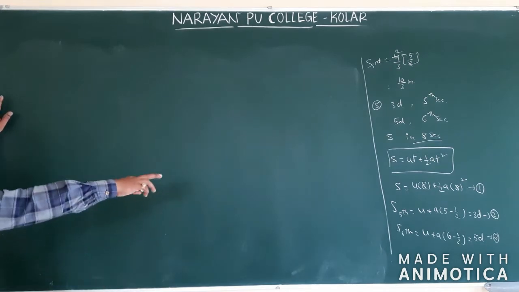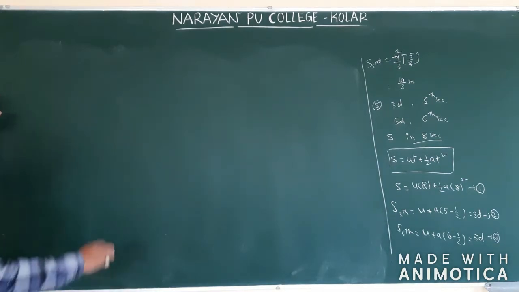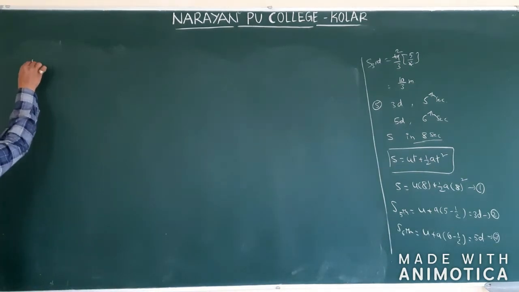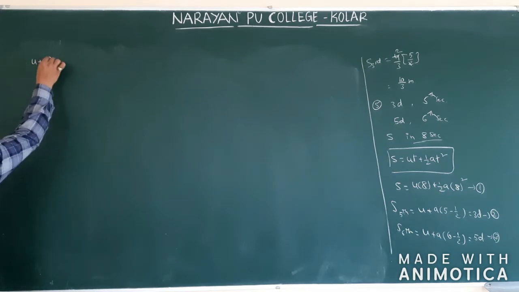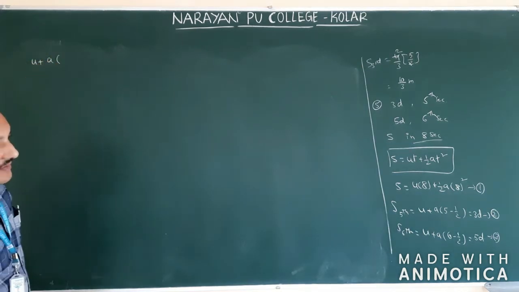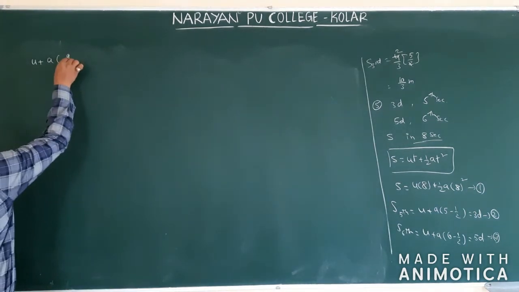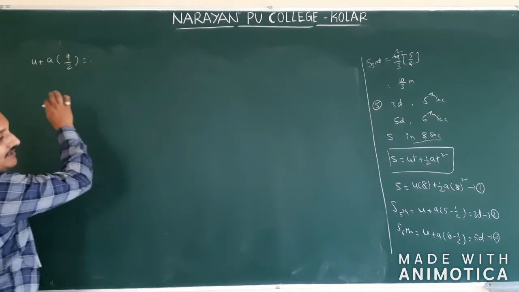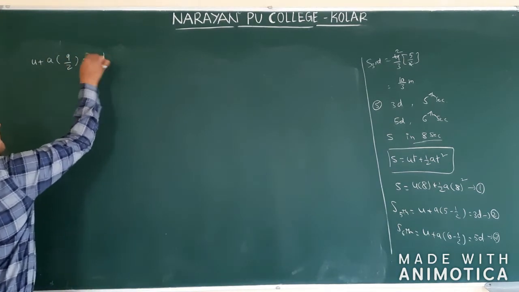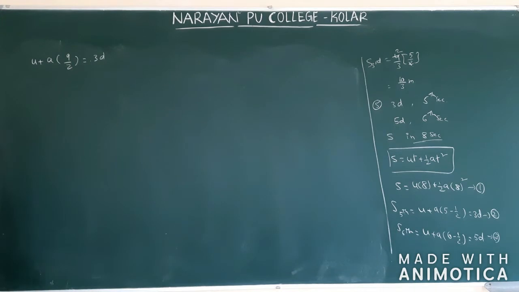Now see equation number 2. What is there? U plus a into 5 minus 1 by 2. LCM is 2, so 10 minus 1 by 2, 10 minus 1 means 9 by 2 is equal to 3d. Next, see equation 3.